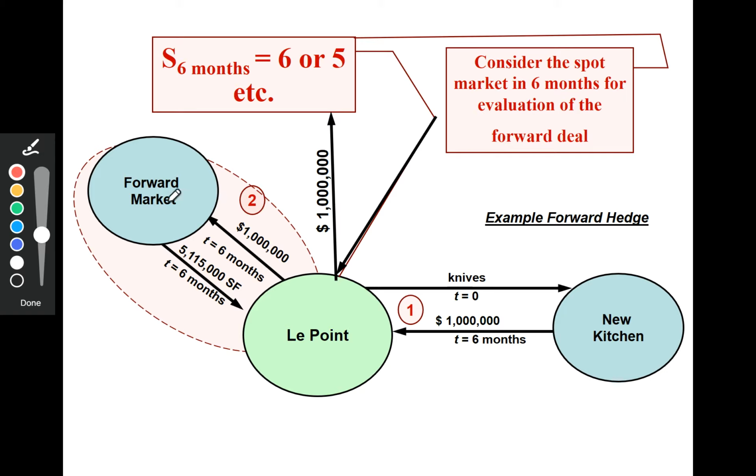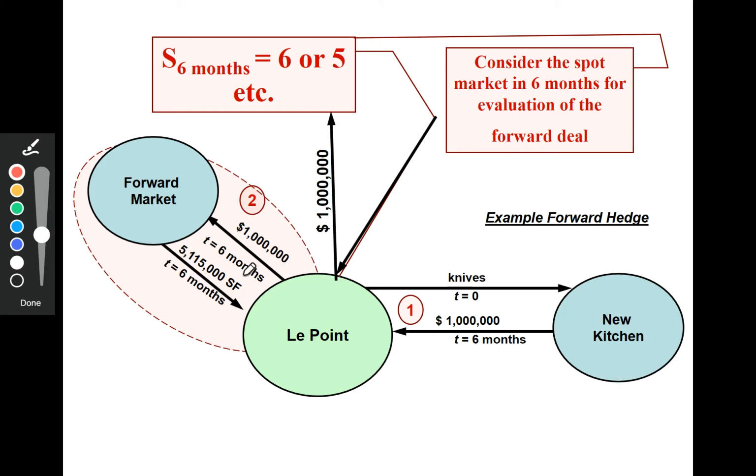Otherwise, we would be in default of a contract and could be dragged to bankruptcy court. And the forward market gives us 5,115,000 Swiss francs. The difference between this 5,115,000 and 6 million is 885,000 Swiss francs, which would be money we are making less than what we would have gotten in the open market.